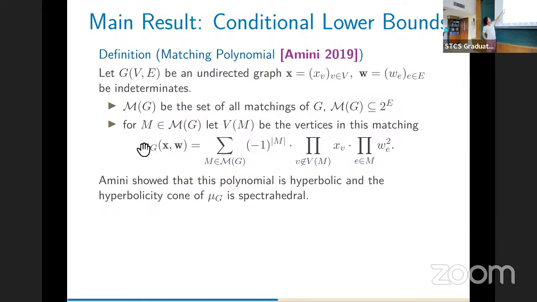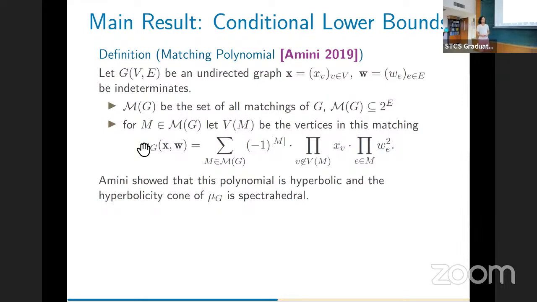For any matching in this family, let V_M be the vertices in this matching. Then the polynomial mu of G in these variables x and w is defined as this weighted sum: I have the sum of (-1) to the power of the size of the matching, which is the number of edges, multiplied by all of the vertices which are not vertices of the matching, and also multiplied by all of the edges that participate in the matching, squared.